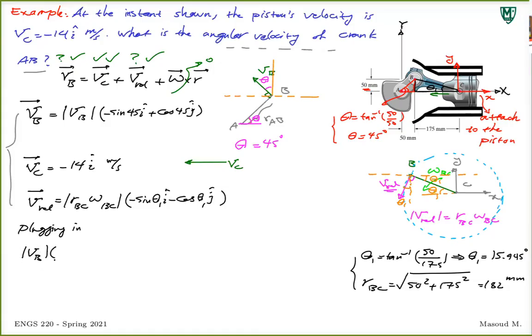VB times minus sine 45 degrees I plus cosine 45 degrees J is equal to minus 14 I plus, well, we know what R is. R is 182 millimeters. So I'm going to put 0.182, converted to meters.